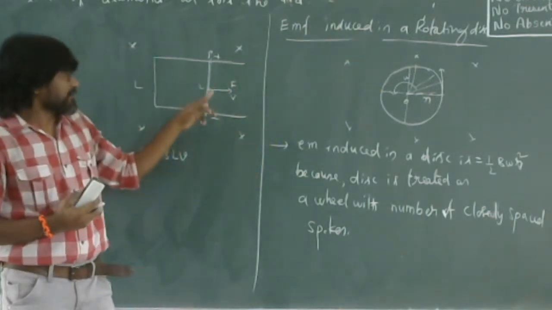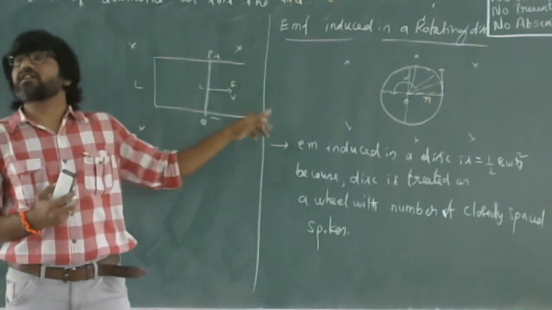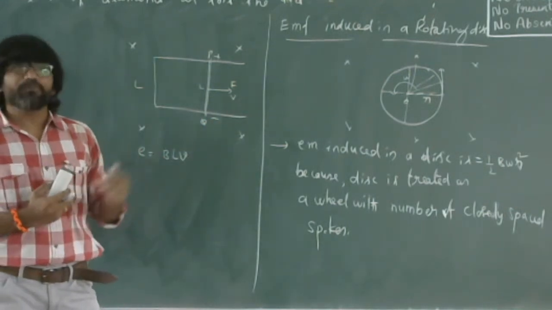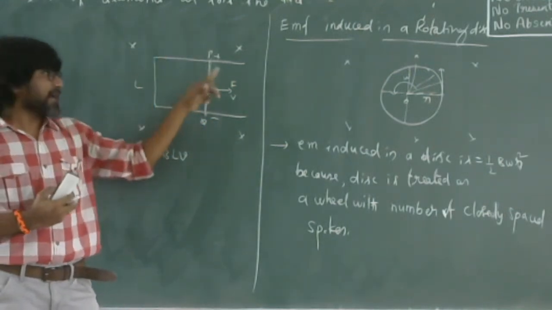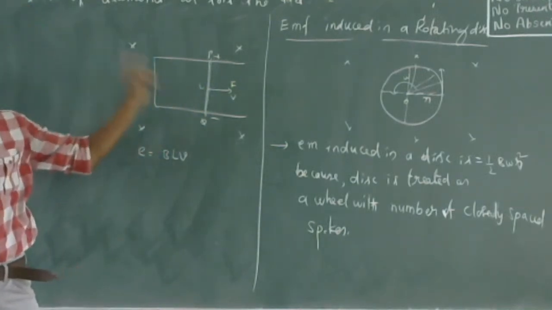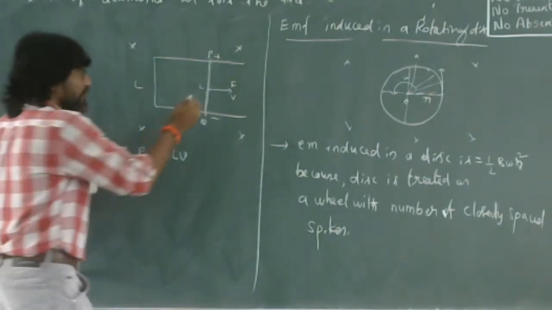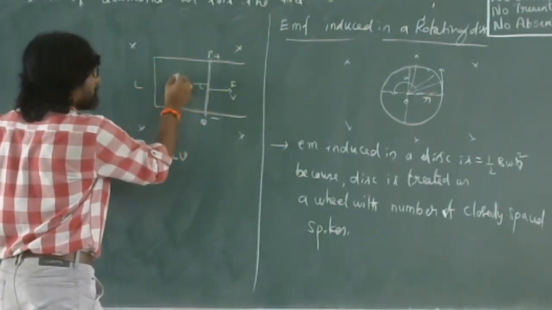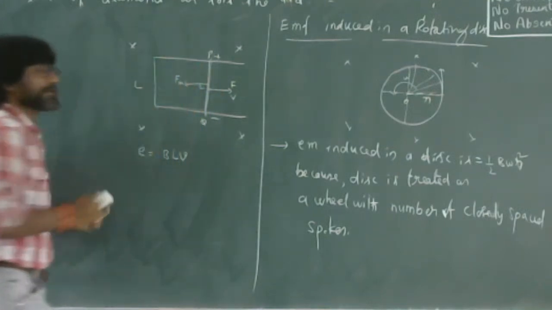But we are saying that by applying the force we are moving this with constant velocity. That means there should be another force balancing this so that net force becomes 0 and hence velocity will be constant. That force is the magnetic force acting on this wire.